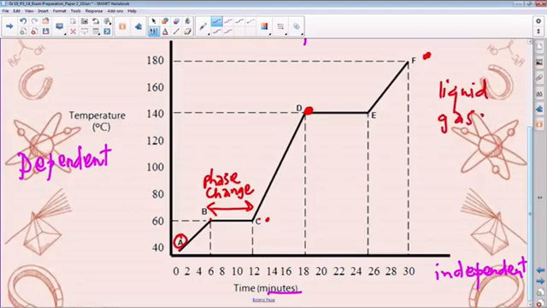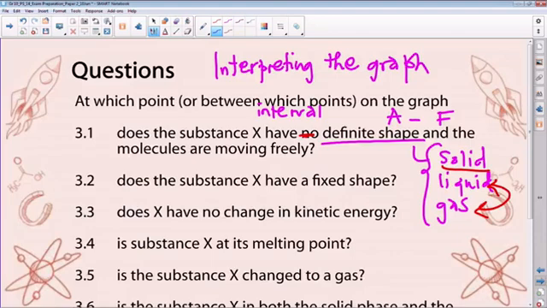Because between B and C, there's a phase change, which is melting, where the temperature remains constant. So when it has no definite shape, it's between point C and F. So between C and F, it does not have a definite shape.